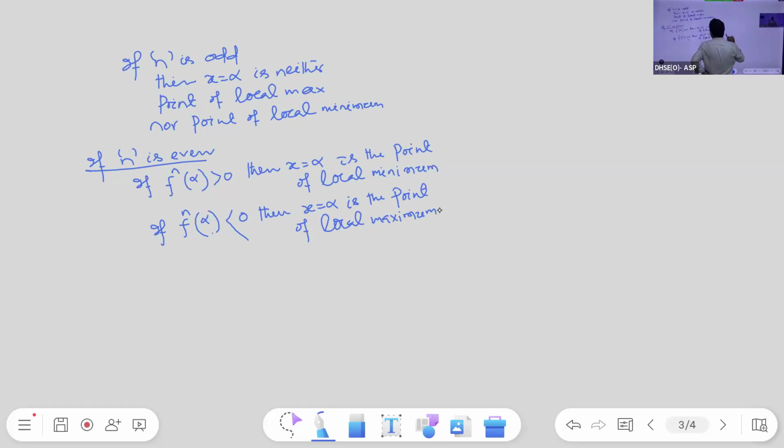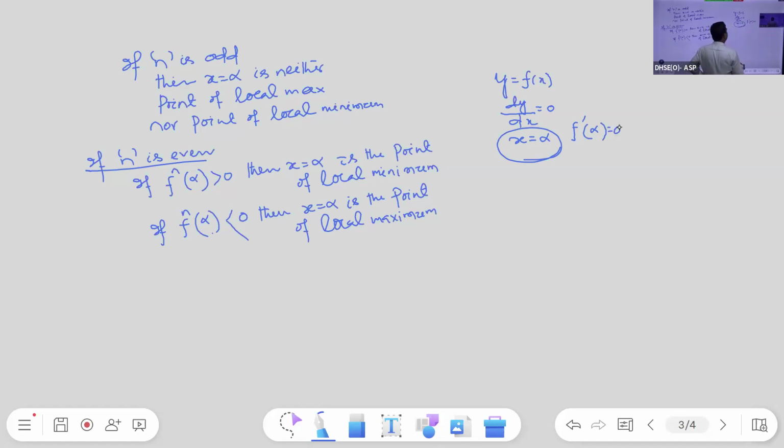So y is equal to f of x is the given function. Put dy upon dx is equal to 0. On solving this equation, we got the value x is equal to alpha, which is known as the critical point. So f dash alpha is equal to 0. Then we have to find the second order derivative.